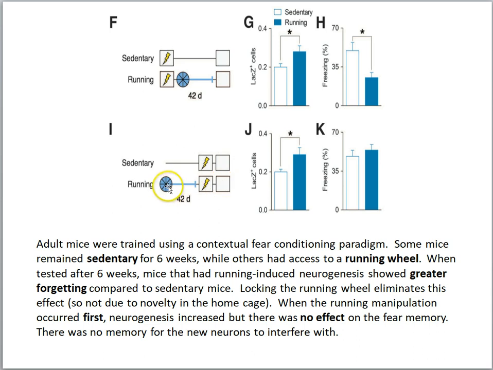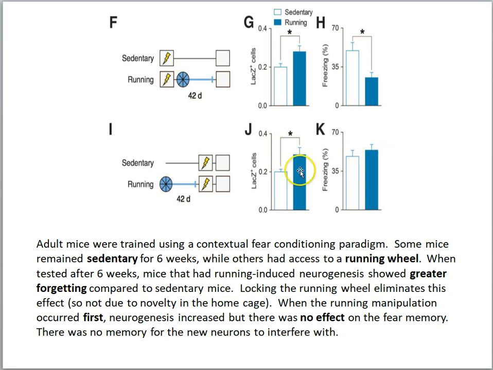So notice neurogenesis is happening before the training here. Again, the data shows that the running did in fact produce more new neurons, so we get the blue bars higher than the white bar here. But for the test of the memory, the freezing behavior, we get no difference.